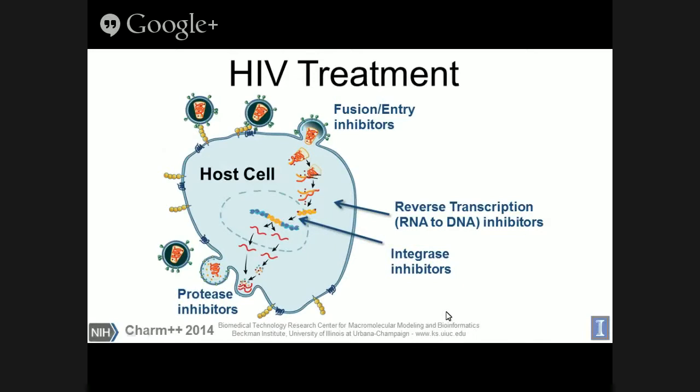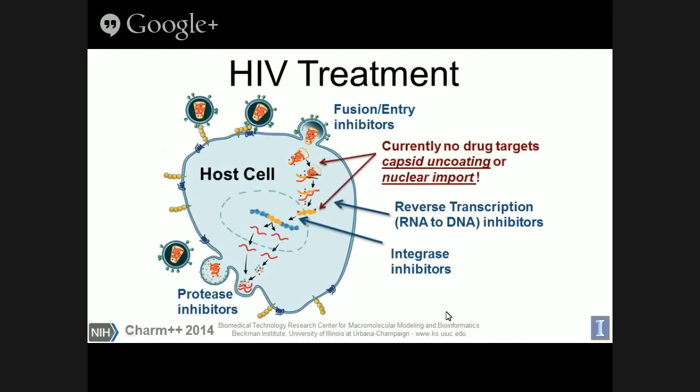Integration into the host genome, and we have drugs that try to prevent it. And protease, which breaks off the new viruses. We have nothing currently that targets capsid uncoating or nuclear import.